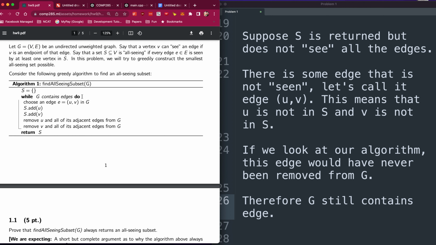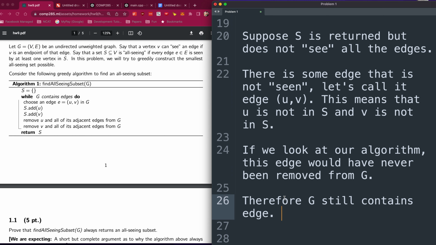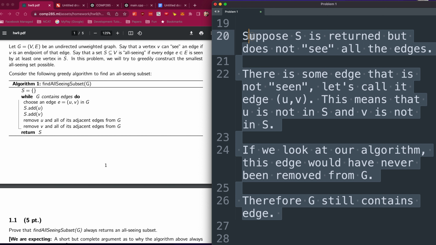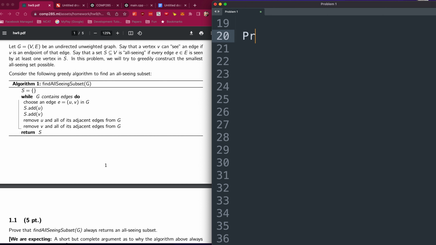But we cannot return until the while loop finishes executing. So this is one way to argue that our algorithm always returns an all seen set. This is called proof by contradiction.